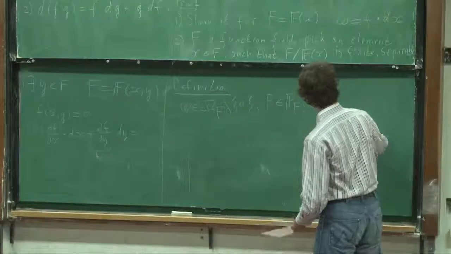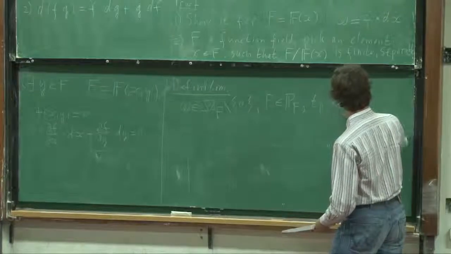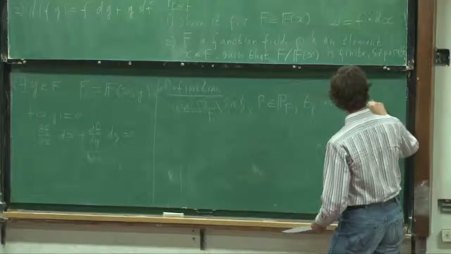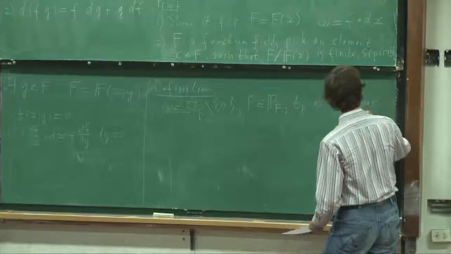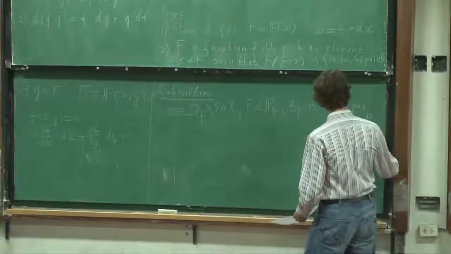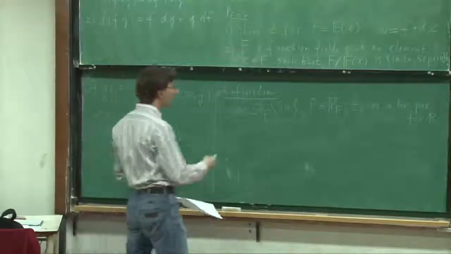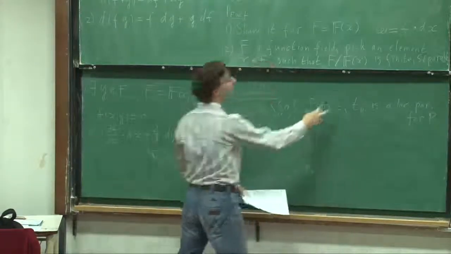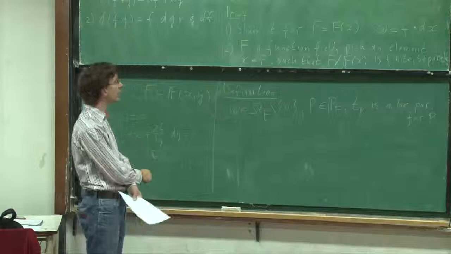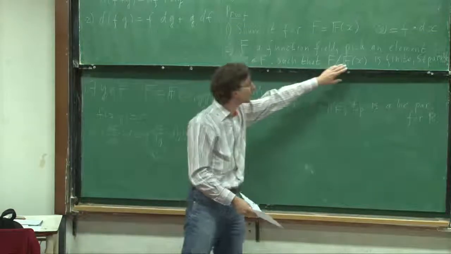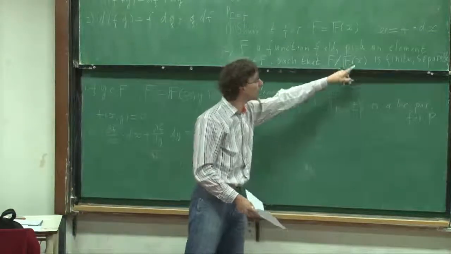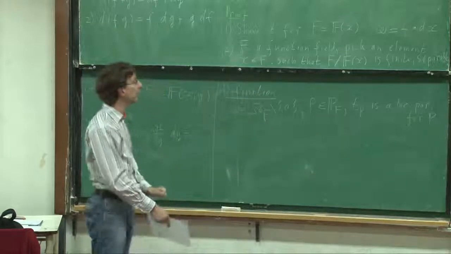Let us say that t_P is a local parameter for P. It turns out that this t_P is a separating element, so we could choose x to be equal to t_P.